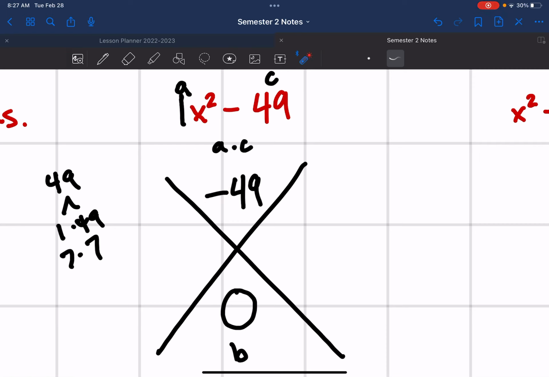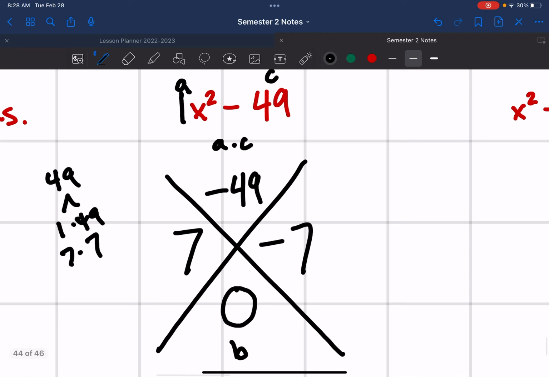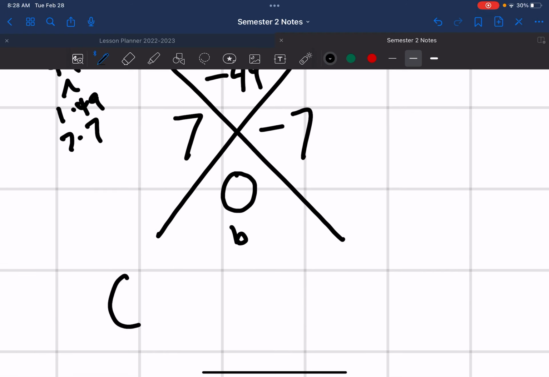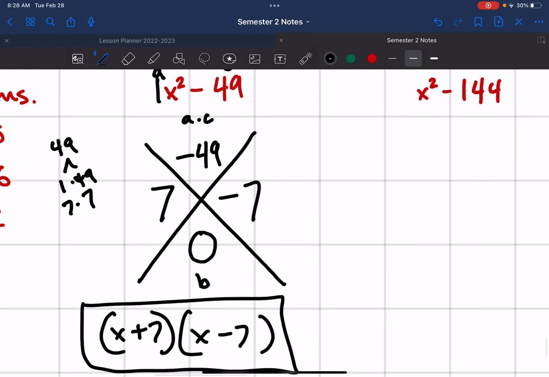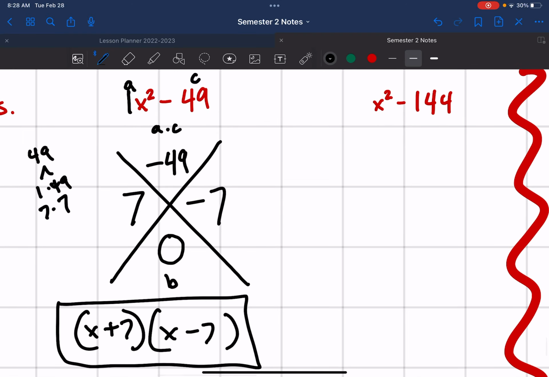So I know that 1 minus 49 is going to give me 48, so that's out. But 7 minus 7 will give me 0. So that is what I want to put on the sides here, making sure to put in that negative. When I write my answer, I'm going to have parentheses x plus 7 and parentheses x minus 7. Like I said yesterday, these are special ones. They will always end up with the same number on both sides.